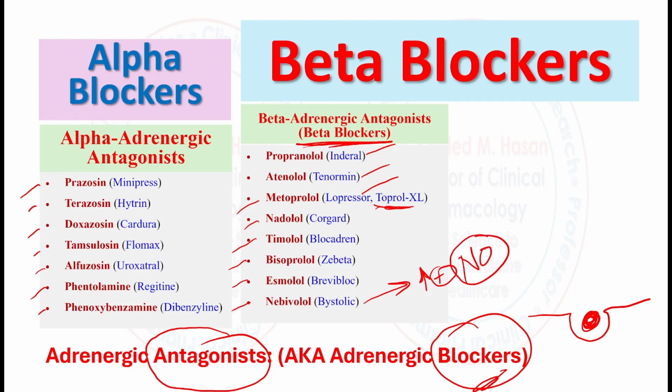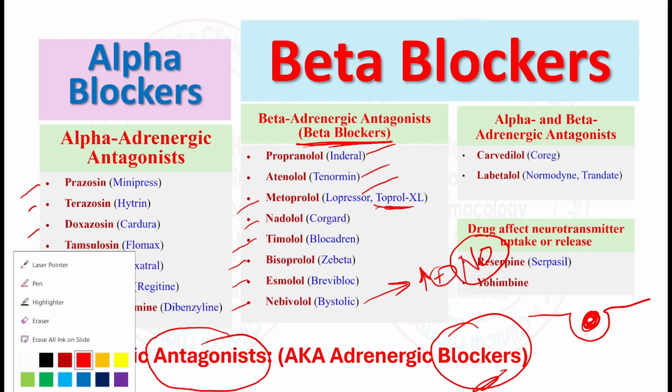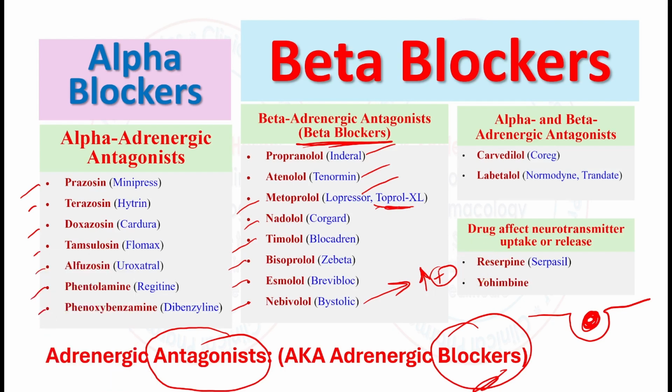Okay, moving to the next slide. About alpha and beta adrenergic, we have a group of medication. As you can see, we have carvedilol, Coreg, and labetalol, Trandate. We discussed that in the previous lecture.